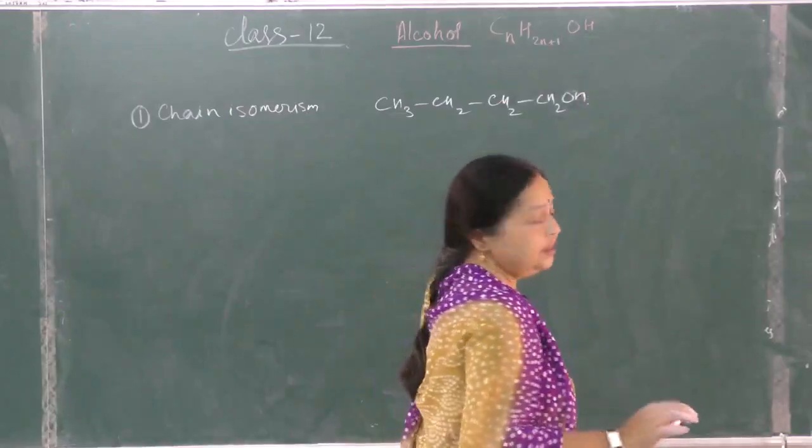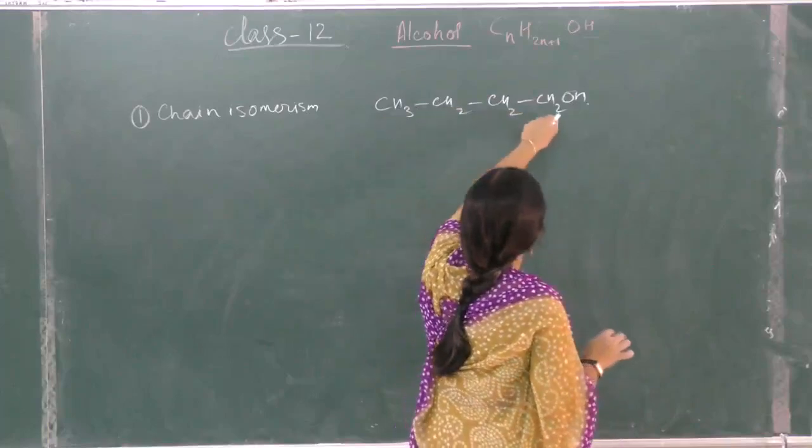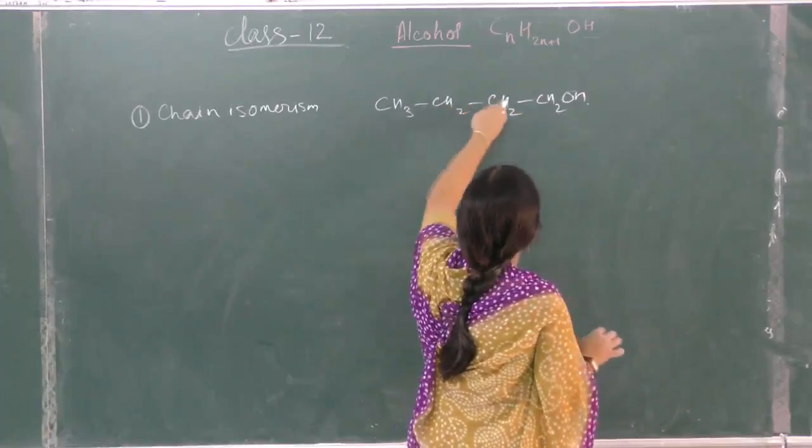This is the normal straight chain isomer, CH3CH2CH2CH2OH, that is butan-1-ol.